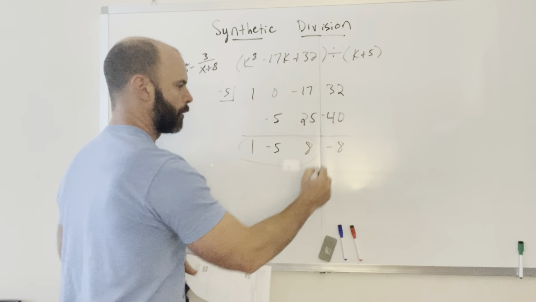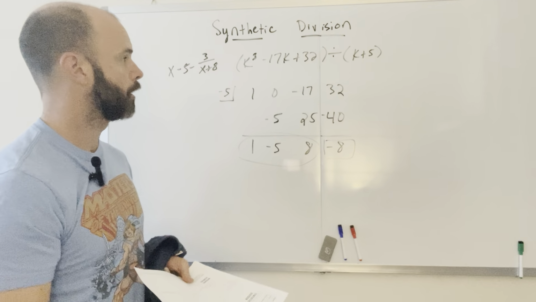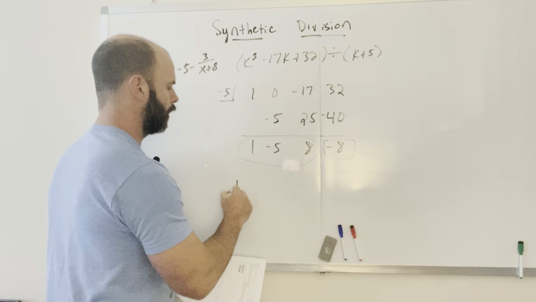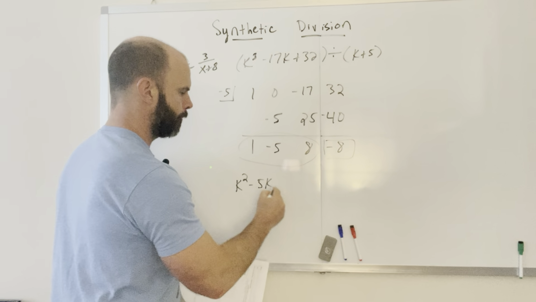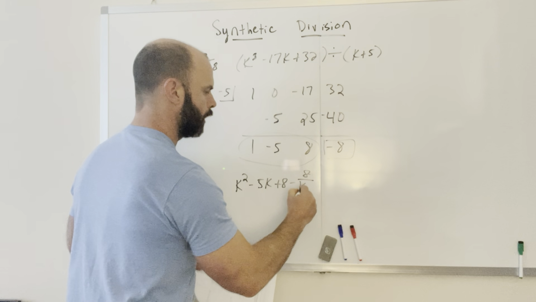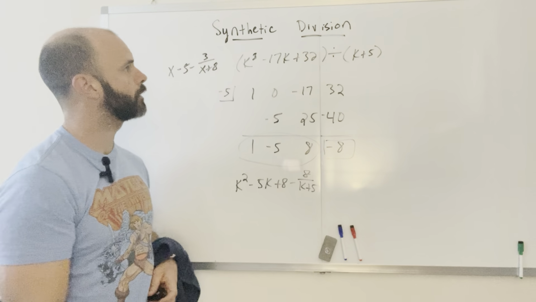Again, circle my remaining 3 terms and leave my denominator. So in this case, I'm actually going to now have a k squared. And then I'm going to have -5k plus 8 minus 8 over k plus 5. And that's it. Okay, so that's synthetic division.